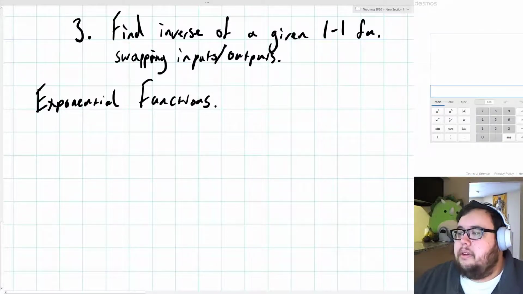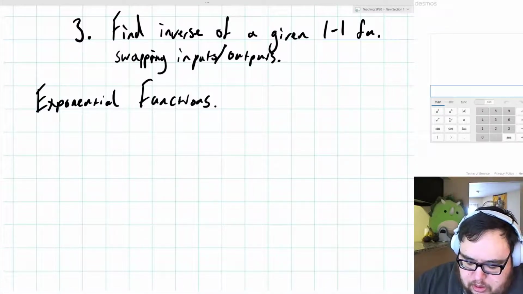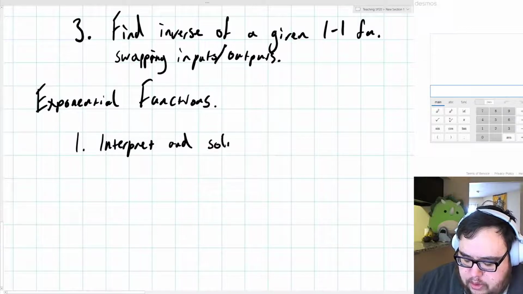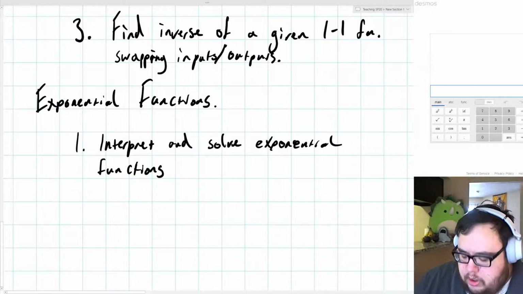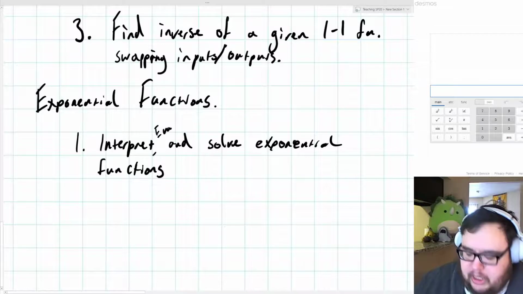You should be able to interpret, evaluate, and solve exponential functions.